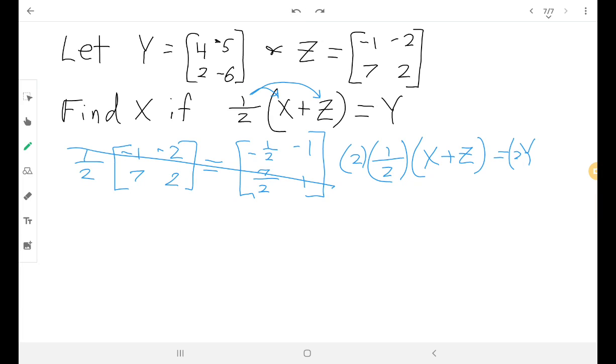Wow, that's really ugly looking. Let me write it over here. Then I just have to distribute the 2 to matrix Y, which is a whole lot easier, right?